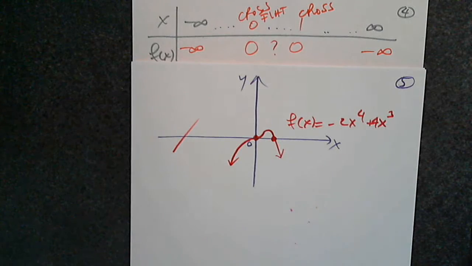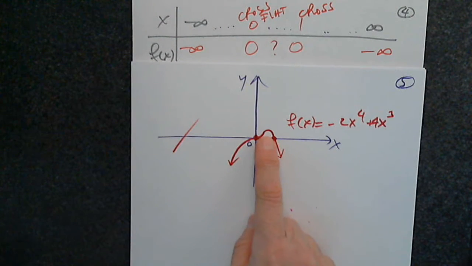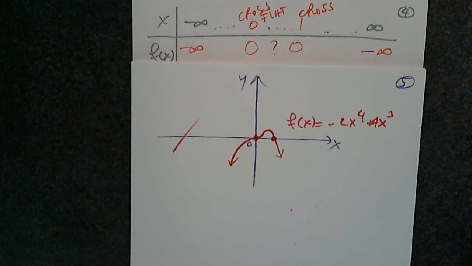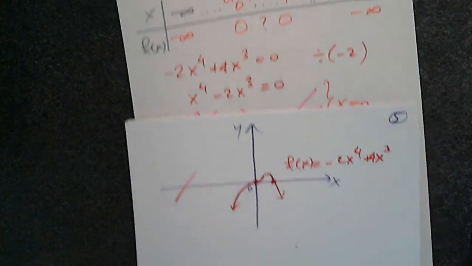And you can say you're not done because you haven't determined this maximum. True, but I can't by hand. I have to put the function in the graphing calculator. So let's take a look. In y equals, clear the previous function, and let's put negative 2x to the fourth plus 4x cubed.